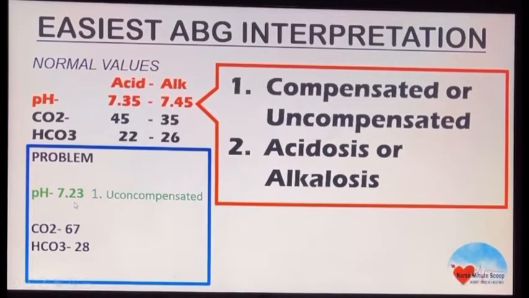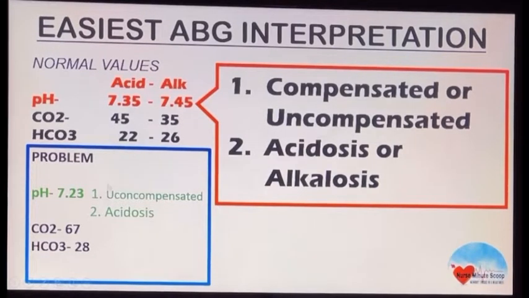Next, we're going to see if it's acidosis or alkalosis. It's outside the normal range again, 7.23, and it's below 7.35. So we know that this is acidosis. So uncompensated acidosis. Again, because it's outside of the range and it's on the left side of our normal values.